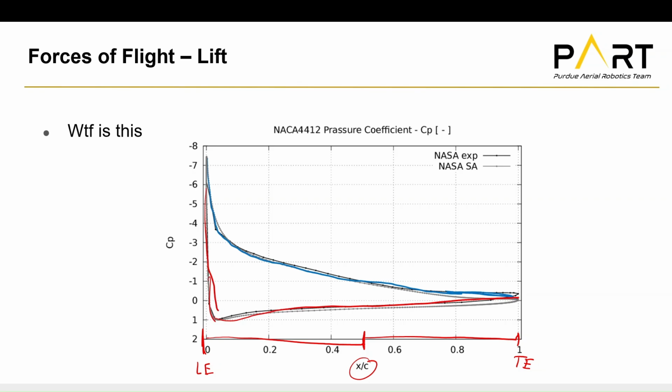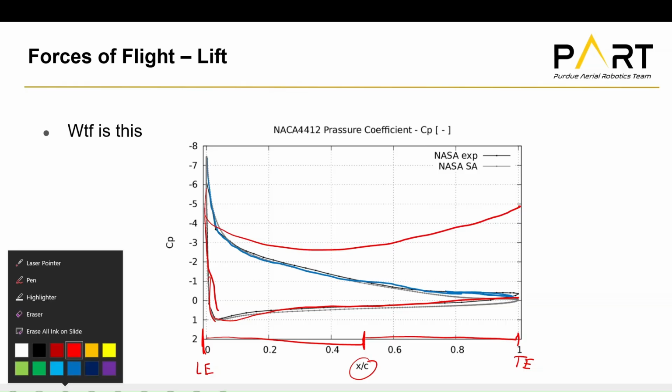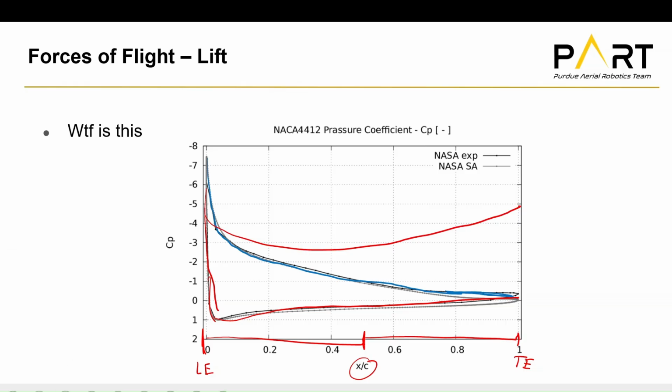Now I'm going to draw an airfoil. Note the colors I'm using here. It's kind of a stupid looking airfoil. We'll make that a little better. I don't know how much better that is, but the idea is this is an airfoil right here.